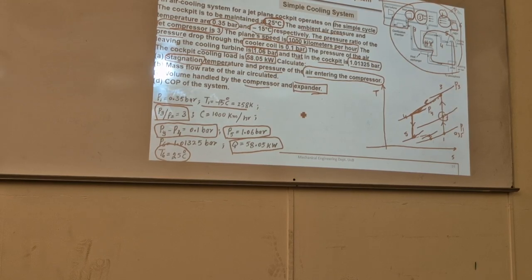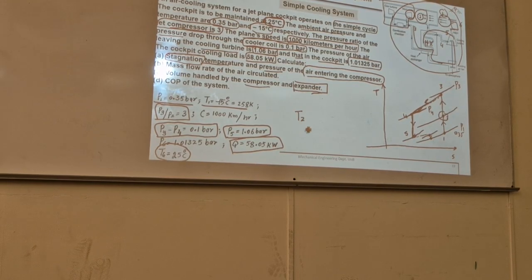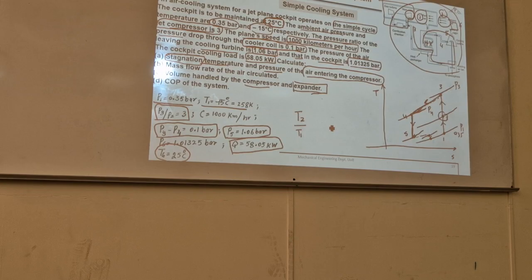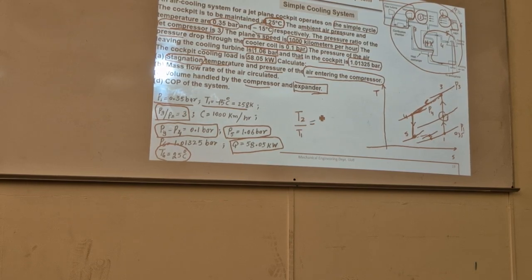Part A, we derived an equation for that diffuser part in this form. T2 by T1 is equal to, there was an equation which we derived in terms of Cp and velocity of air. What was that equation? I do not remember.